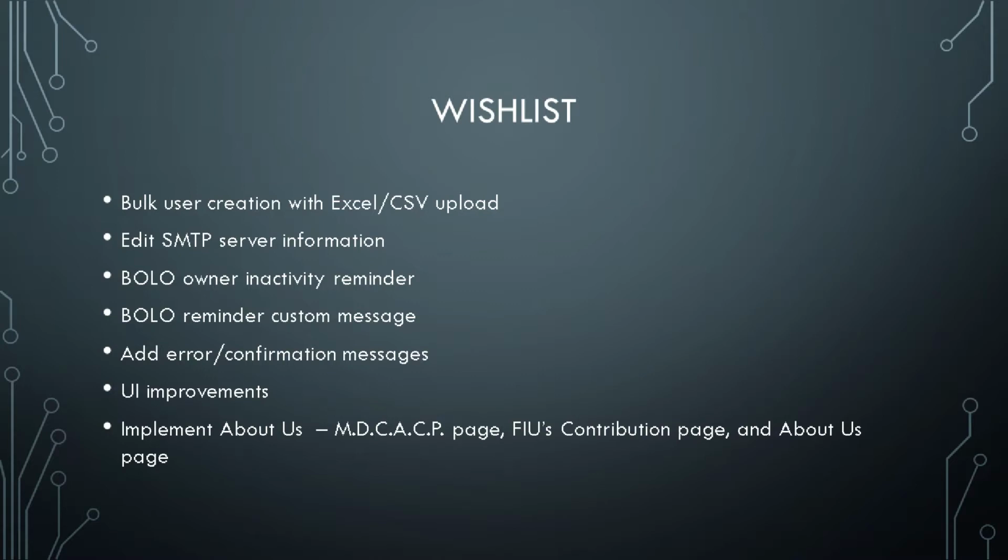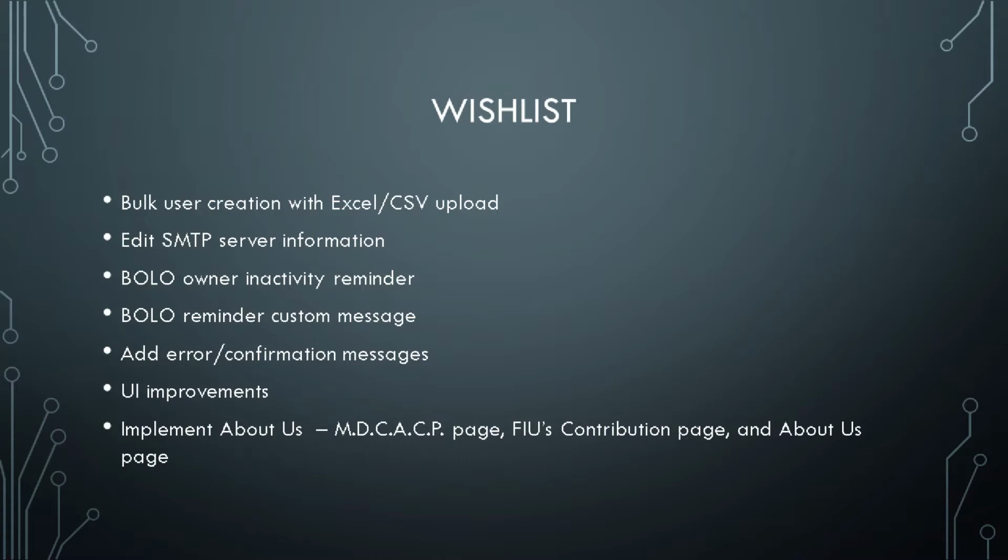So the first item is, basically, as an administrator, giving them the possibility to upload an Excel or CSV file with multiple users in those files and create them in bulk instead of having to manually add each user into the system one by one.